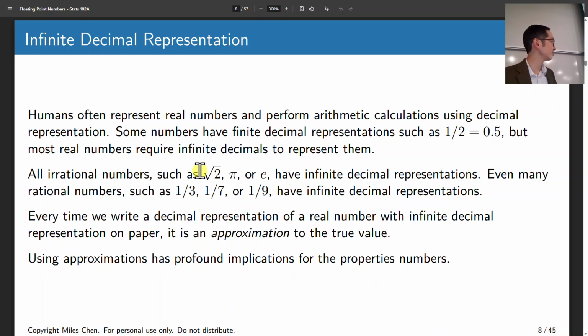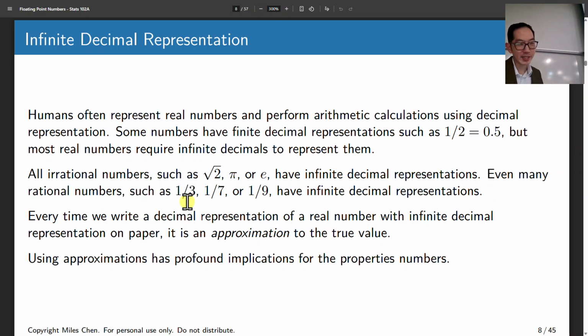But any kind of irrational number has an infinite decimal representation, and even a lot of rational numbers like 1/3, if you wanted to represent in decimal, requires infinite values. 1/3 is 0.333333, and it goes on forever.